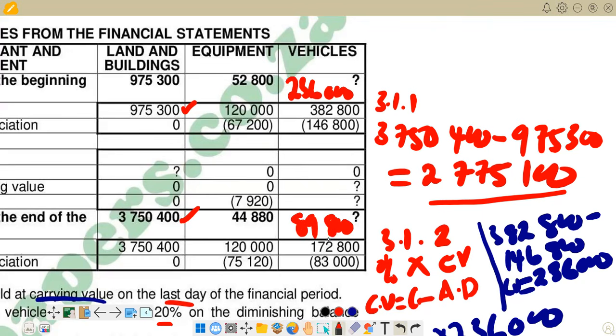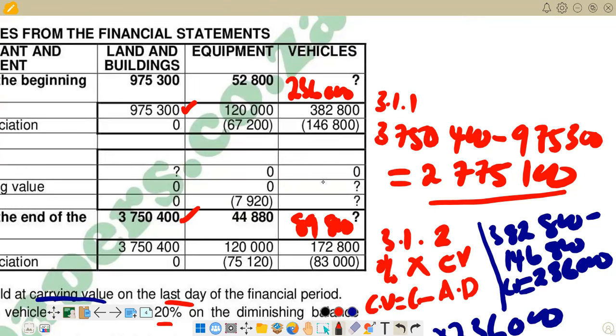So when you get these figures, we now have the carrying value at the beginning and carrying value at the end. And the depreciation for the year for vehicles, we calculated it there, and we found it as 47,200, remember, on 3.1.2. And we have no purchase that we are supposed to put on the debit side of that account.